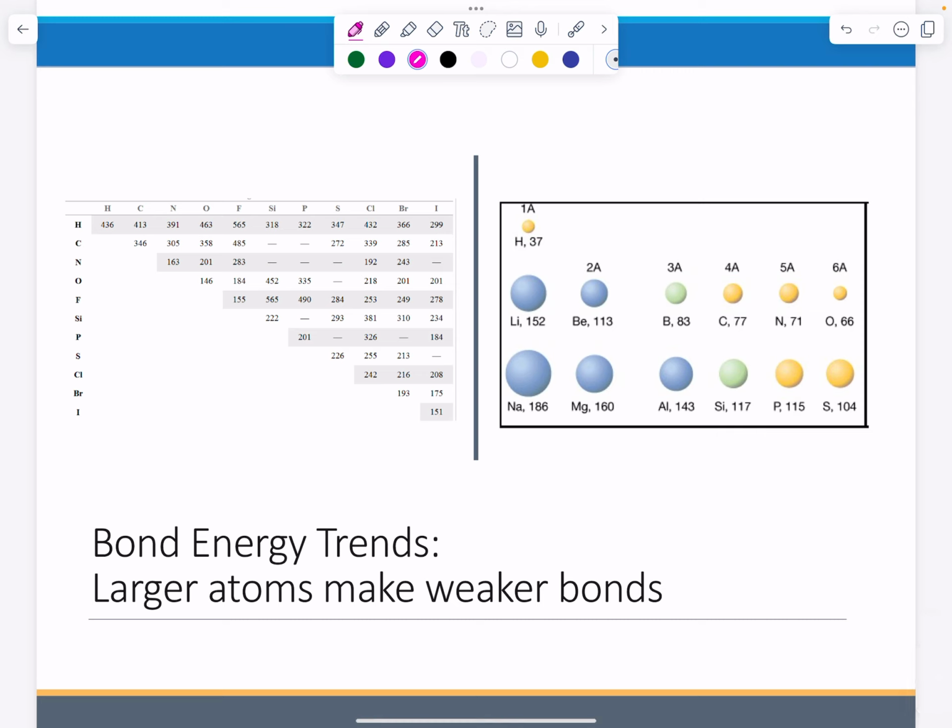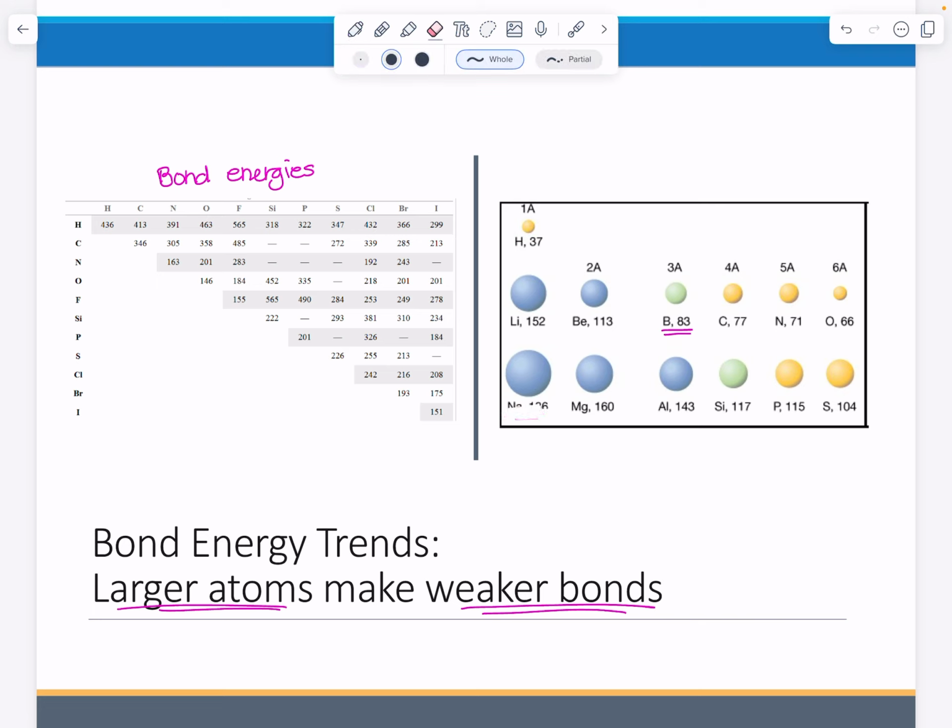Okay, so here are bond energies in the table. Larger atoms are going to make weaker bonds. So let's look at these large atoms. Let's compare something really big, sodium, and something much smaller, let's say boron. Sorry, let's look for atoms that are actually in our table.